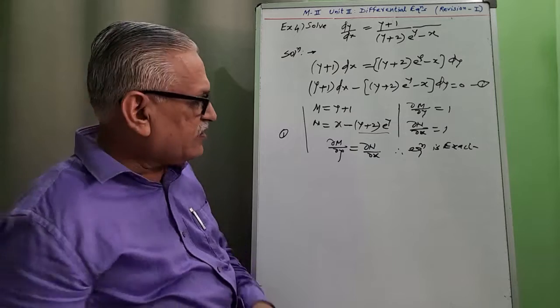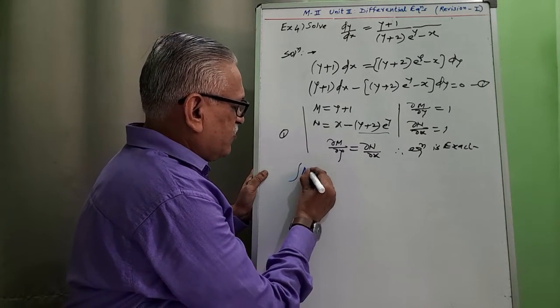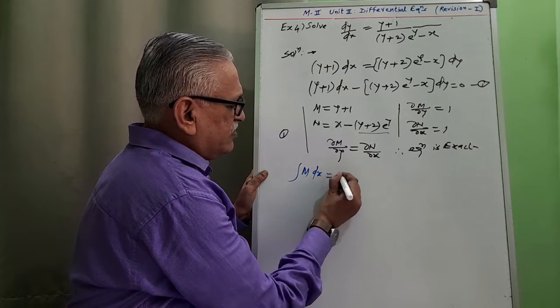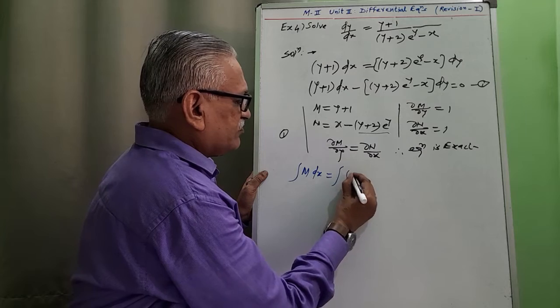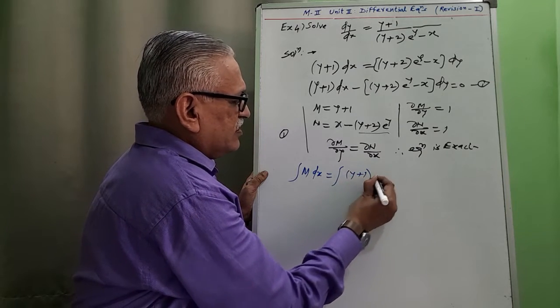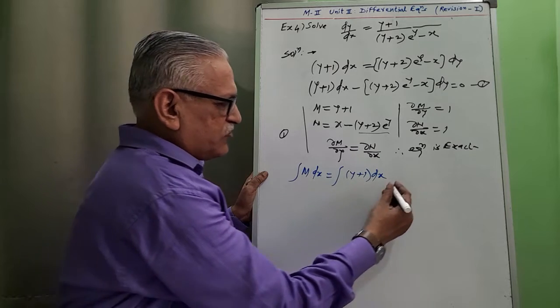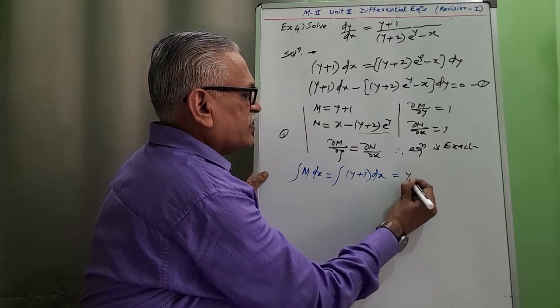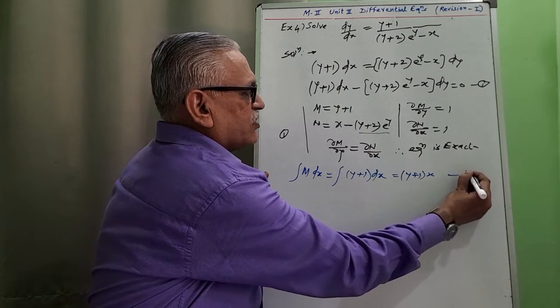Next step is integration of M with respect to x. Here M is y plus 1, and its integration with respect to x: these two terms are constant, we take them outside, and integration of dx is x. We call this equation 2.